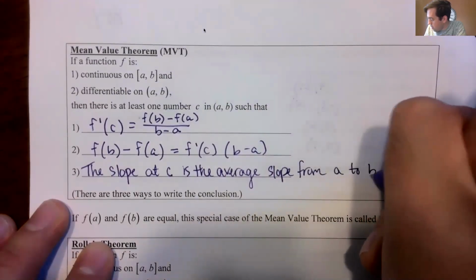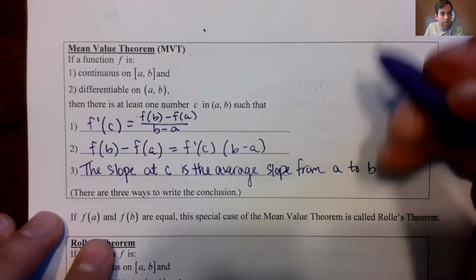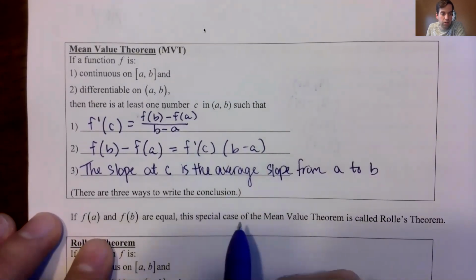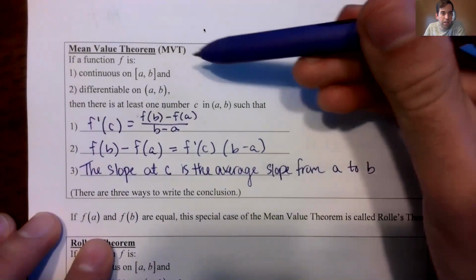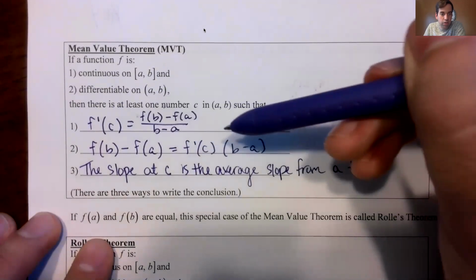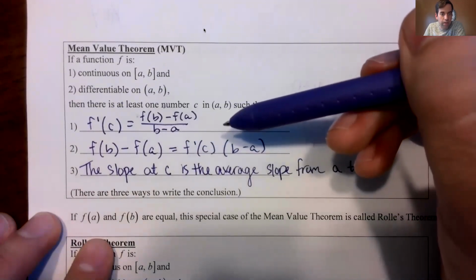And I will say that all three of these things are really the same thing, right? These are three ways to write the same conclusion. That's the mean value theorem. There's just some number c with the average slope of the slope from a to b.